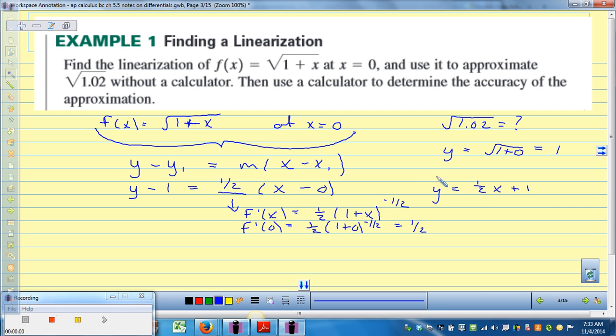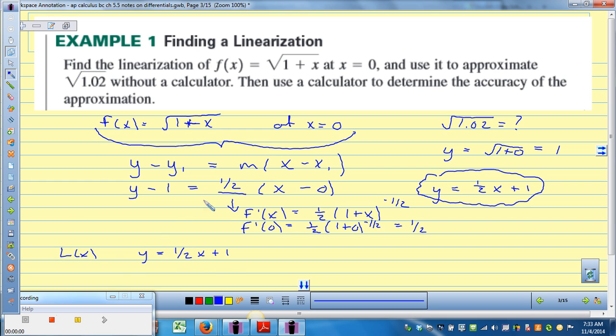You don't have to move it to slope-intercept form, but we will in this case, just to make it easier for us to find our y later on. Then it says, use it to approximate the square root of 1.02. So I have my L of x, as they refer to it in this book, y equals 1/2 x plus 1, and I want to use that to approximate the square root of 1.02.